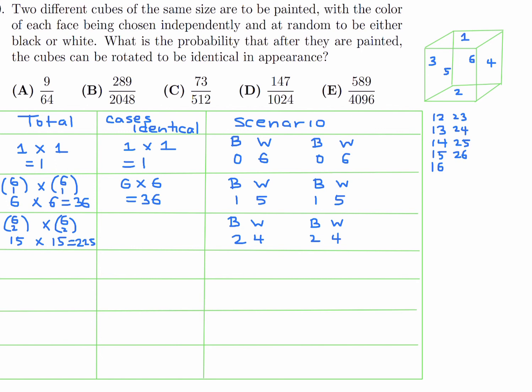Or they could be 3, 4, 3, 5, 3, 6, 4, 5, 4, 6, and finally 5, 6. This is 15. And this is the complete list of 15 possible ways that a cube could be painted with 2 sides black. Now, of these, how many are identical? Meaning, if I have another set of 15 exactly like that, how many match?